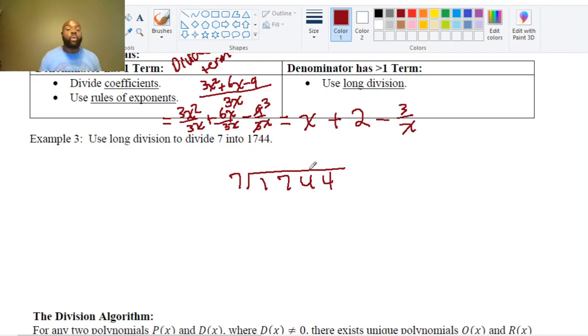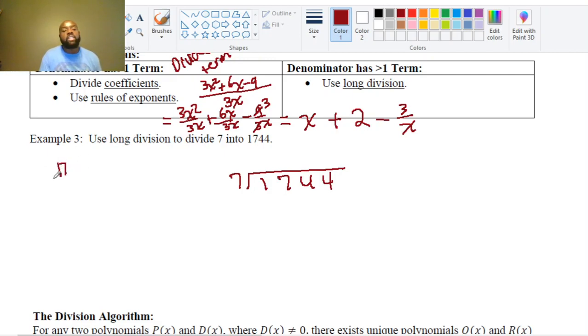The first thing we try to do is see what whole number amount, at most how many times, does 7 go into a digit, right? My first digit here is 1. How many whole number times does 7 go into 1? Well, 7 doesn't go into 1, so we go to the next digit and consider how many times 7 goes into 17. Now, I'm going to come off to the side and do some scratch work, right?